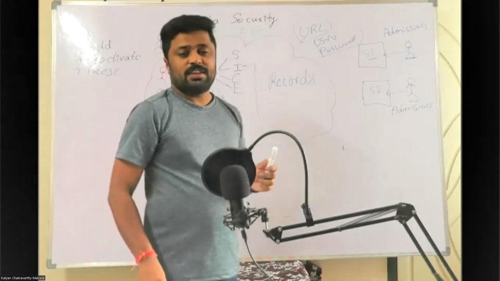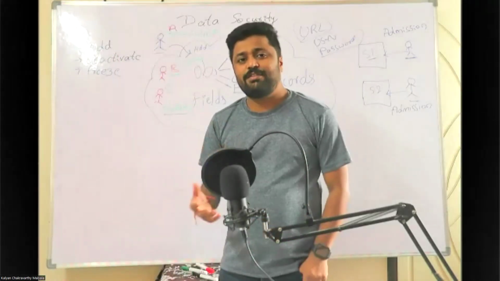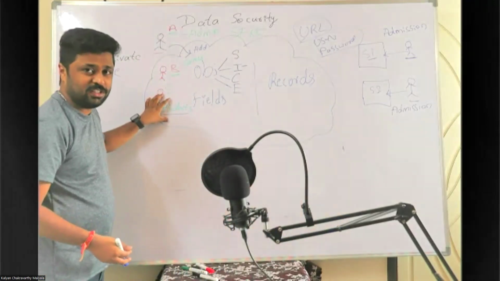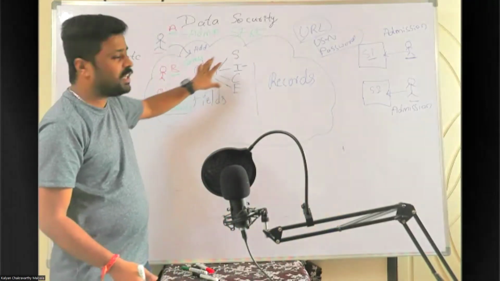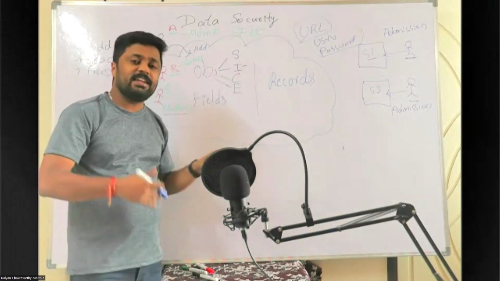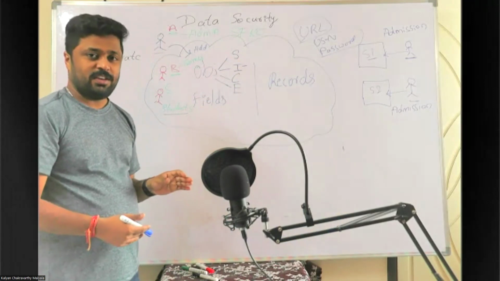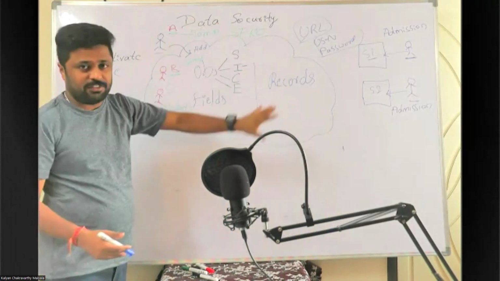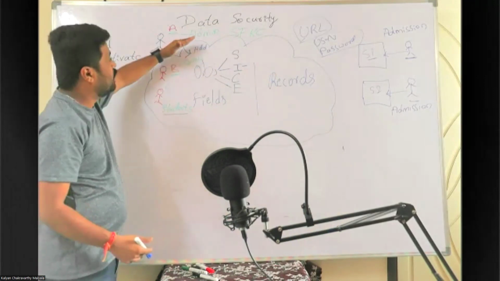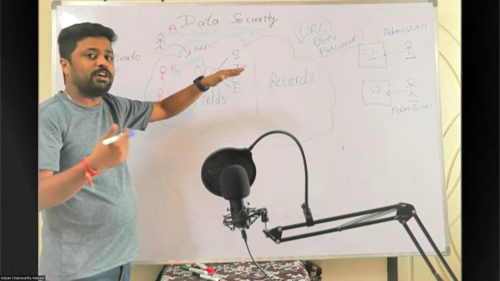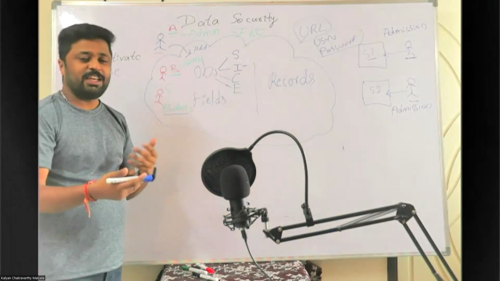Then how can we restrict a particular type of user from accessing a particular type of object? This is another level of security. The first level of security is that the organization has some URLs and the user needs a login username and password.